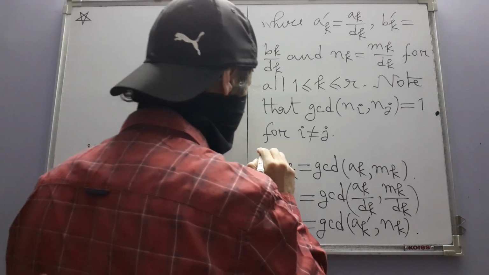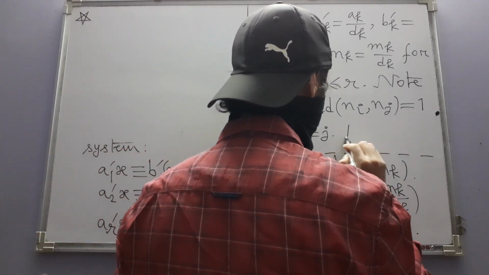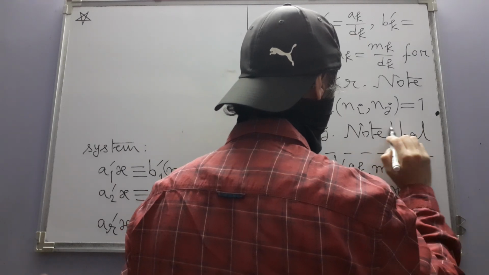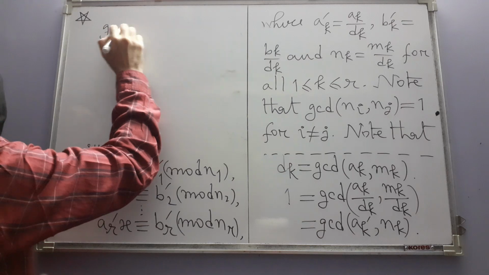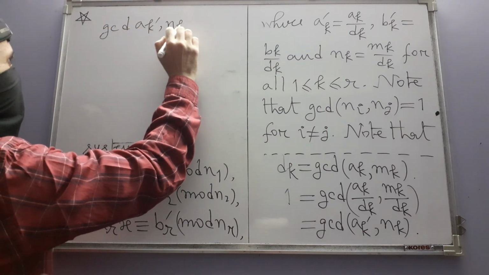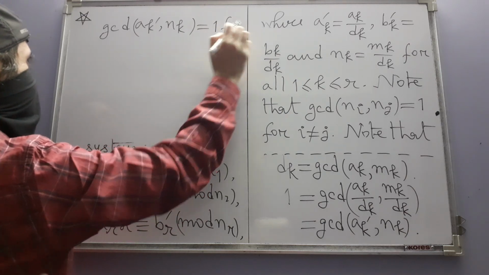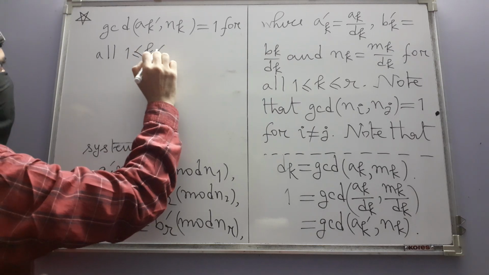In fact, this is for our own understanding. We will simply write like this. Note that the GCD of AK prime and NK is equal to 1 for all the possible k's.